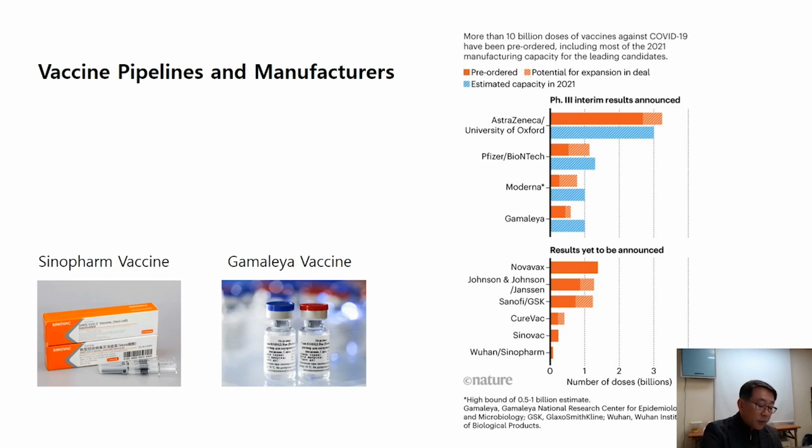In addition, several South American, Middle East Arabic or Southeast Asia countries are planning to use either Chinese or Russian vaccines. What is shown on the left here is a Chinese vaccine developed by Sinopharm company. And on the right side is a Russian vaccine, the so-called Sputnik 5 vaccine.